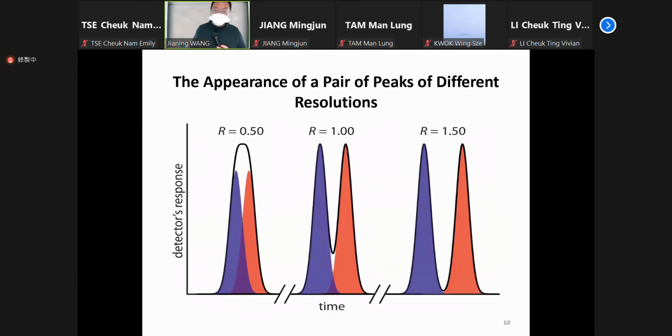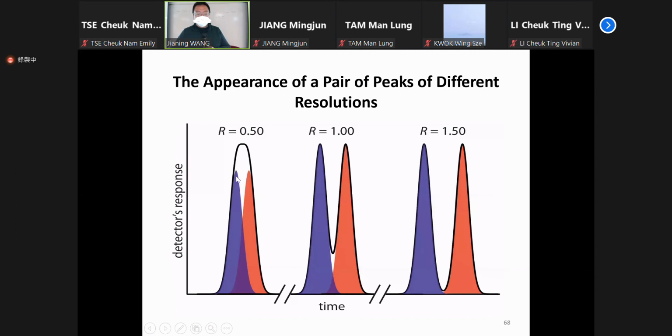When you get to R equals 0.5, actually what you can see is just one peak. You cannot distinguish the two analytes.